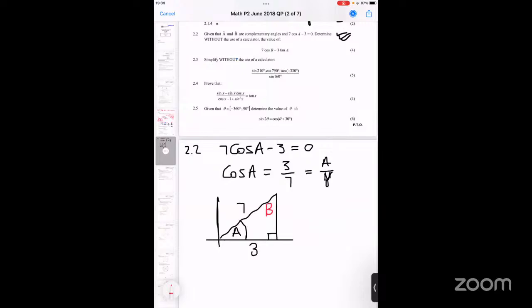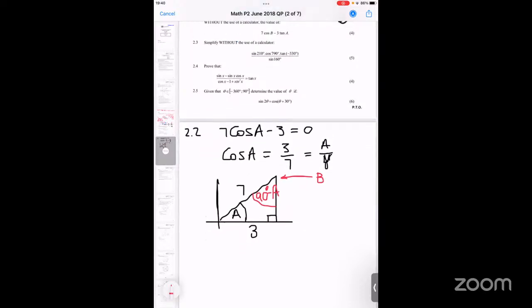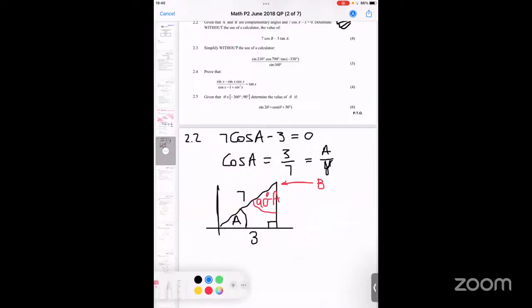So something that you should be aware of is that when we talk about complementary angles, if we already have our A there, then the angle which is complementary to that one is the same as 90 degrees minus A. That is our angle B. We did not want to write it in the form of B, but in the form of A, so that it makes it easier to work on the question.